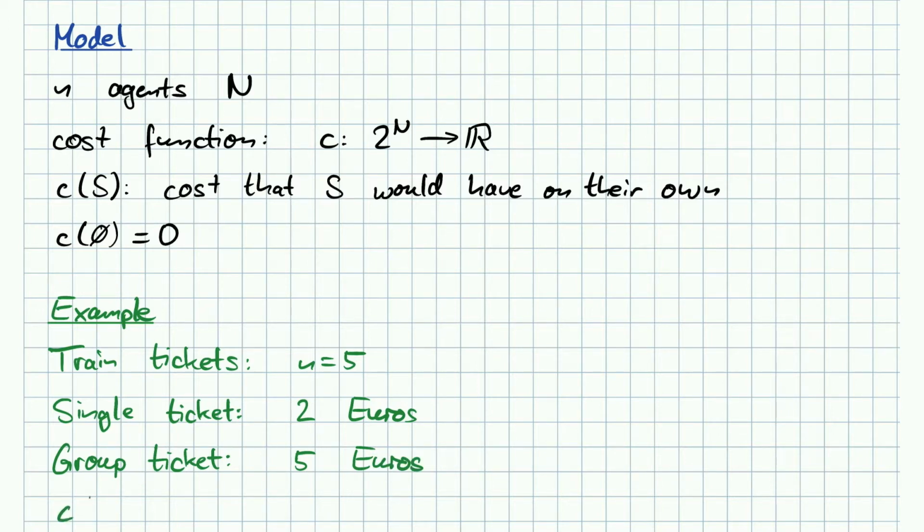So what would that mean? The cost of a set of agents will be the minimum of 2 times the number of agents in that set and 5. So if it is just 2 people who choose to buy a ticket, then they'll have a cost of 4. If there's only 1 person who wants to buy a ticket, it will be a cost of only 2. But 3 or more agents, they immediately have a cost of 5, because they together can buy a group ticket.